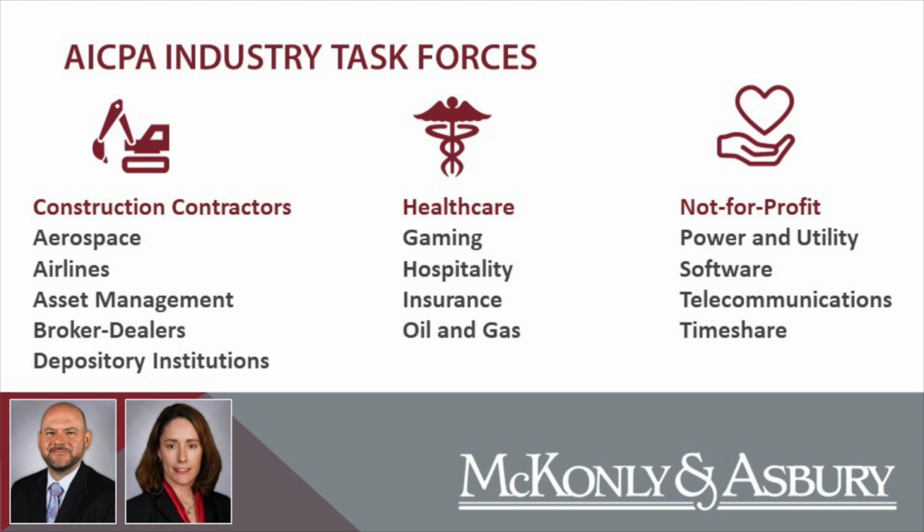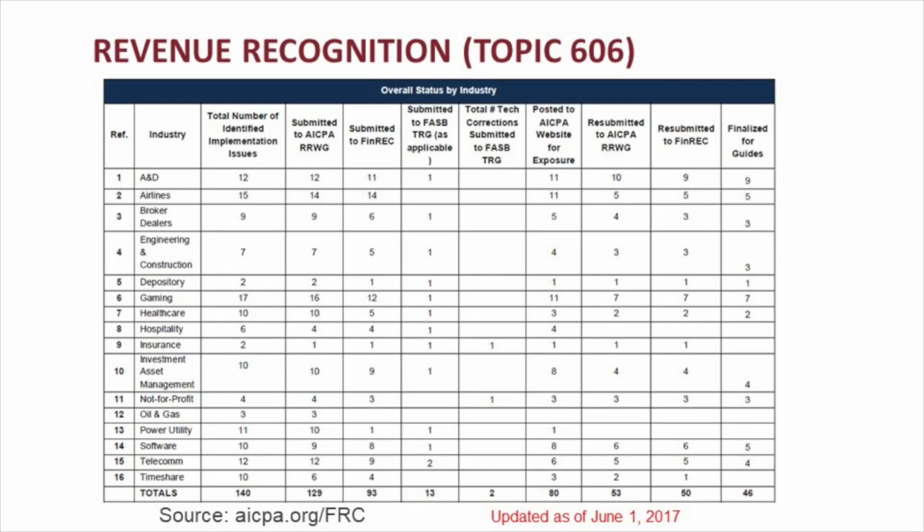As we move on, this is revenue recognition topic 606. This comes from the AICPA's website and from their financial reporting center. The last they've updated that was June 1st, 2017. Following some of these task forces a little more closely, a lot of them have things that are pending or they're trying to move forward, but you see off to the right which ones are finalized to be included in the guides.